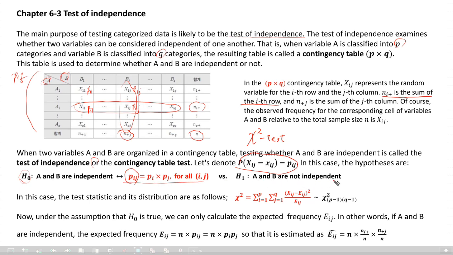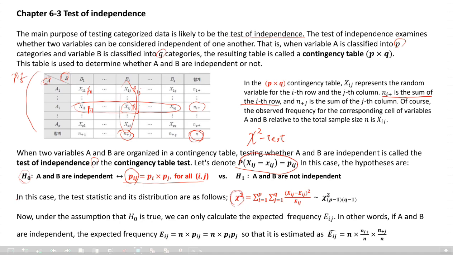Say again, we have n many samples, and we observe values for variables A and B. That's why we get the joint probability. X_ij follows a joint probability distribution. In this case, the test statistic and its distribution are as follows. The test statistic for categorical data is chi-square.